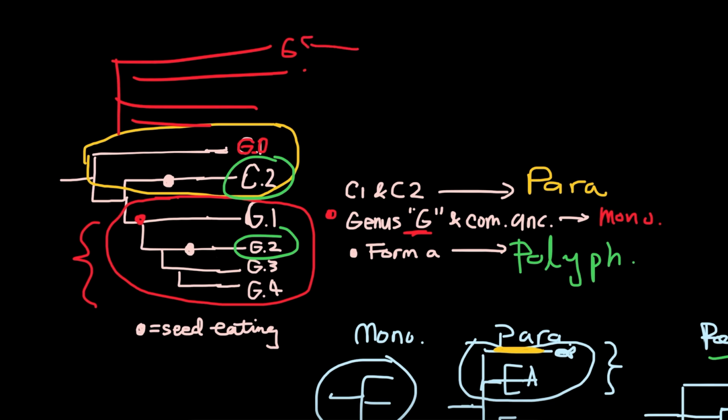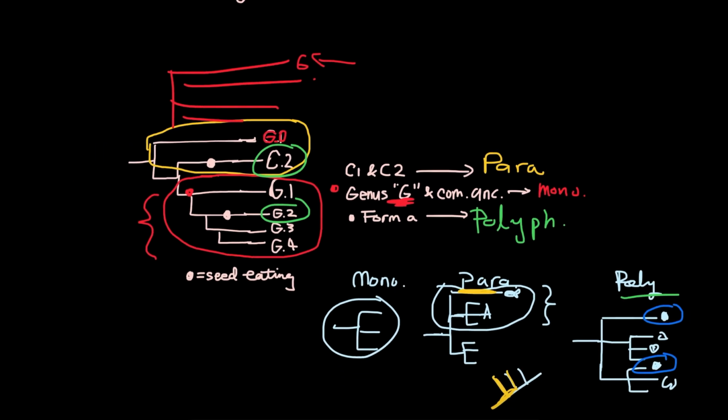But if another of this genus also exists at the top, this is no longer going to be monophyletic, this would be polyphyletic because there is a grouping here and there's a grouping here, so it looks like our diagram here.